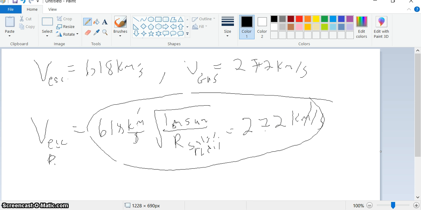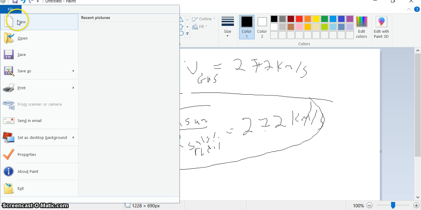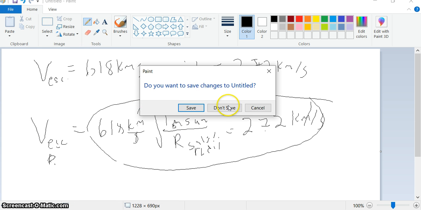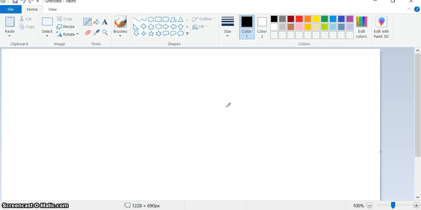So that becomes really just 1 over the square root of r in solar radii.